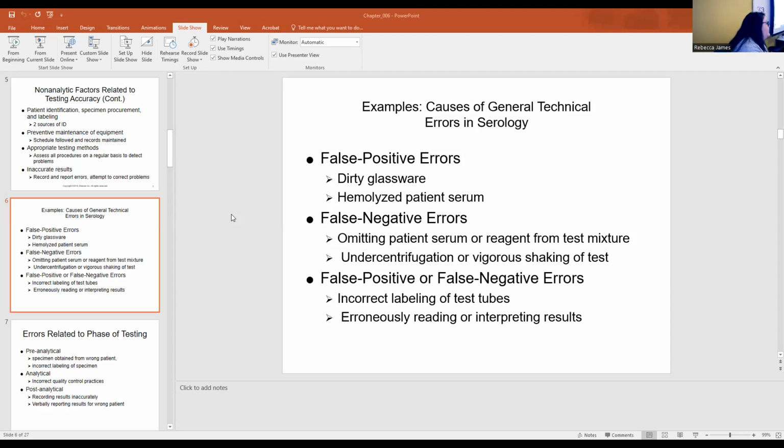So what it's saying is if you have a problem in your QC, you have to figure out what the problem is, document it, and then also document anything you do to correct it, okay?